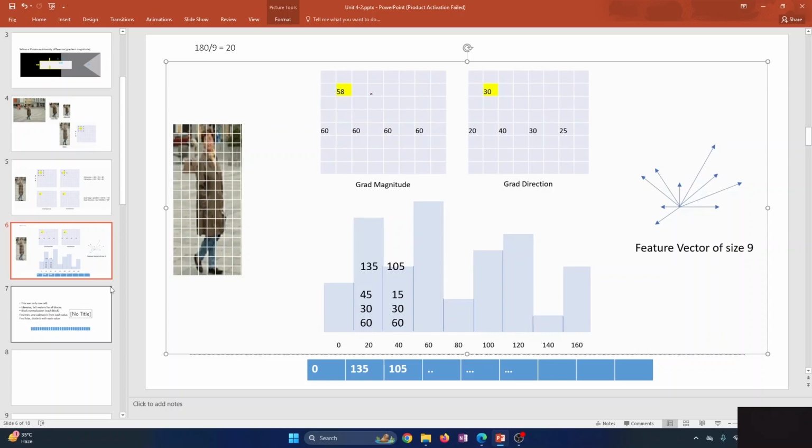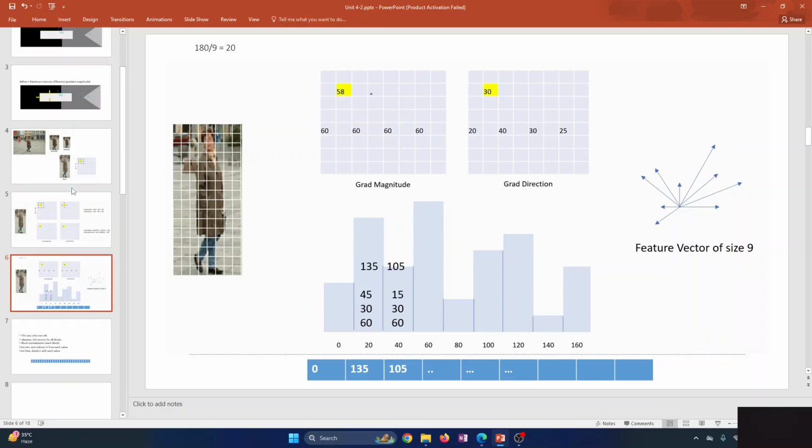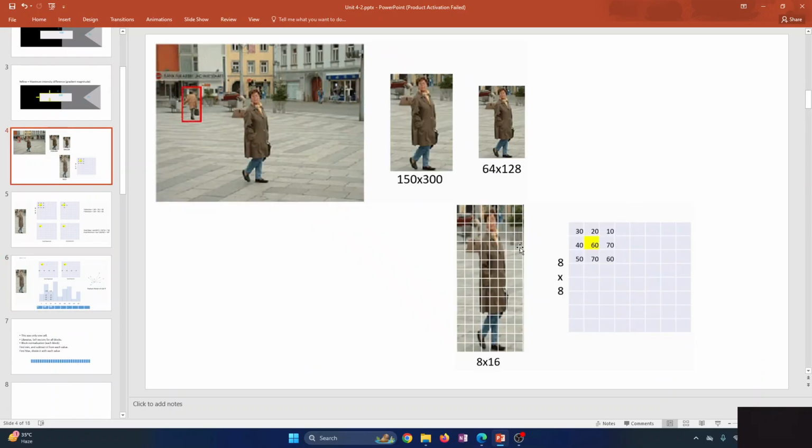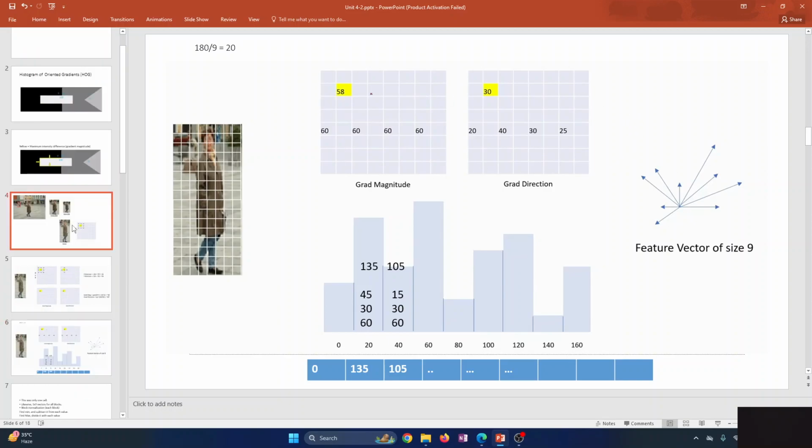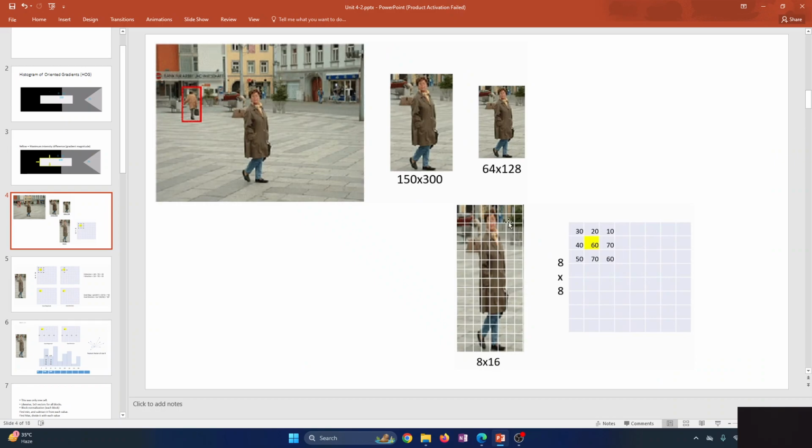Now, we are considering only one cell. There are many cells that combine to create one block. Hope this is clear to you. All these calculations are for different cells, and these cells are part of the grid.